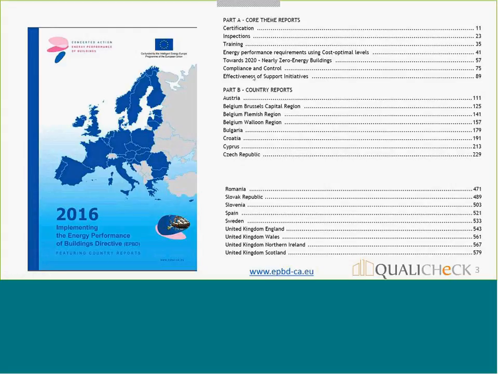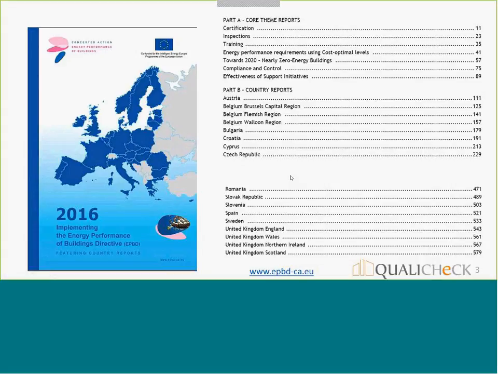Then you see part B, a country-by-country description of the status of implementation of the EPBD in the country itself. In total it's a book of roughly 600 pages, really a goldmine of information regarding the EPBD implementation.